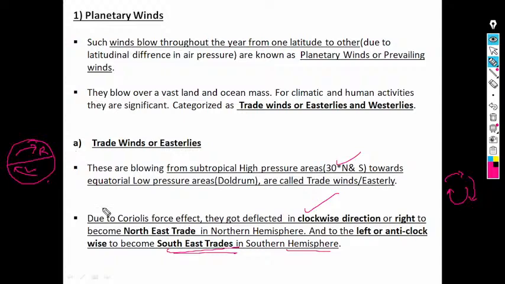If I say this is the equator, Australia, monsoon effect, this is the southeast trade winds in the southern hemisphere. This is your northern hemisphere, and this is your southern hemisphere, right?